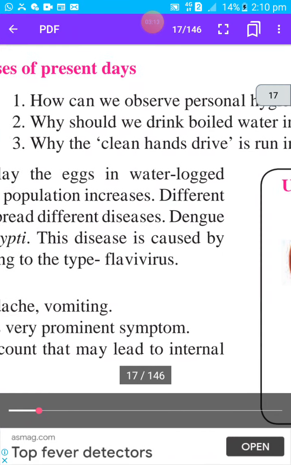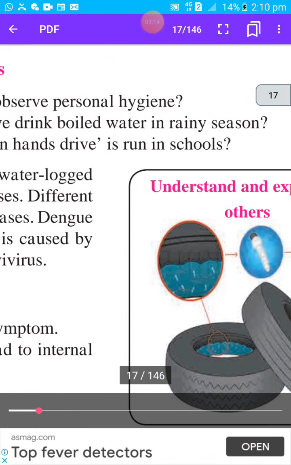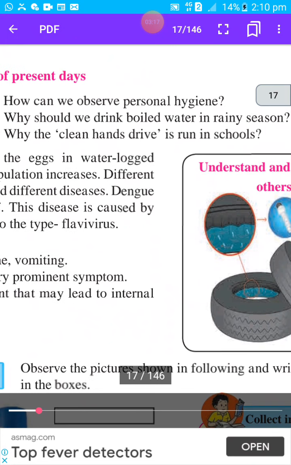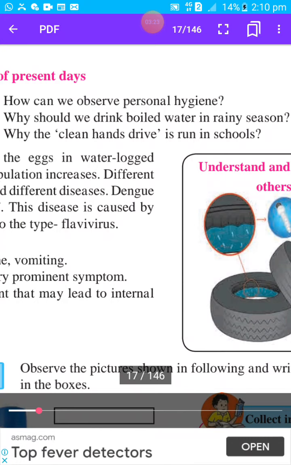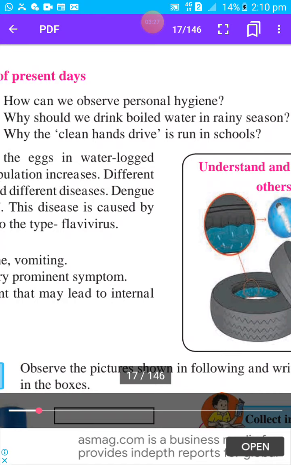Second, why should we drink boiled water in the rainy season? As we know, especially in the rainy season, the water may contain many pathogens. Pathogen means microorganisms like bacteria and viruses which cause diseases.